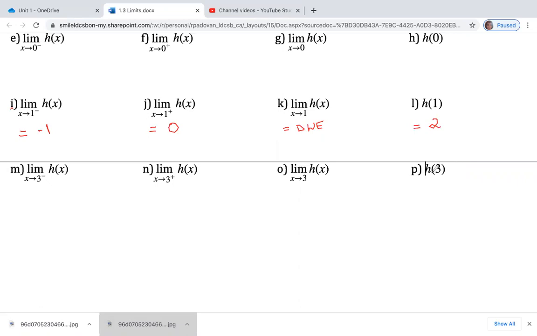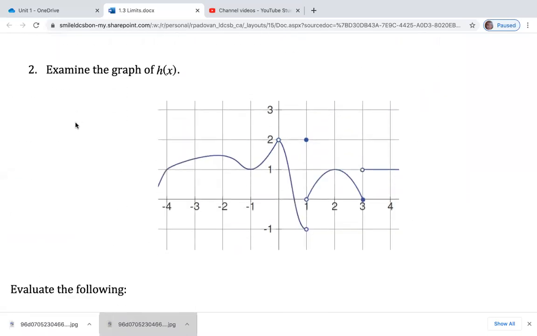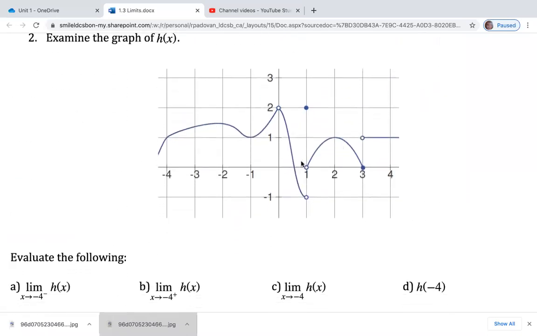Let's approach an x value of 3 from the left side, right side, see if we have an overall limit, and see h at exactly 3. So as I'm approaching 3 from the left-hand side, my y value is getting closer and closer. I'm approaching 0, right? So m would be equal to 0.